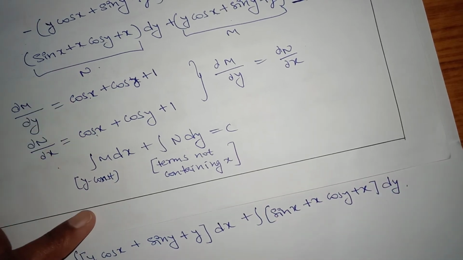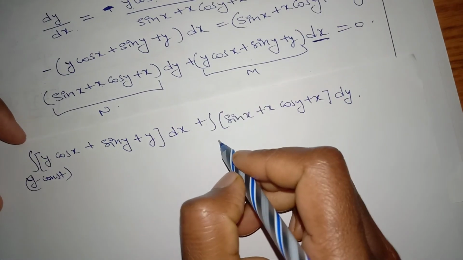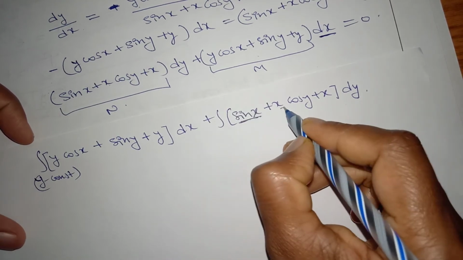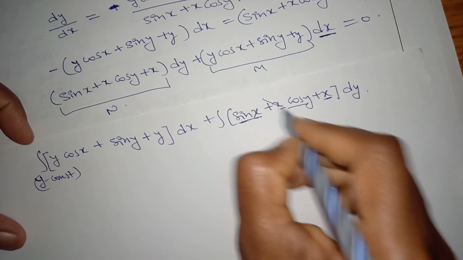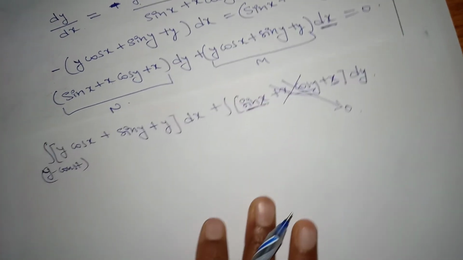Here y is constant, and here terms not containing x. Here the term has x, here too we have x, here too we have x. So this term will be equal to 0.